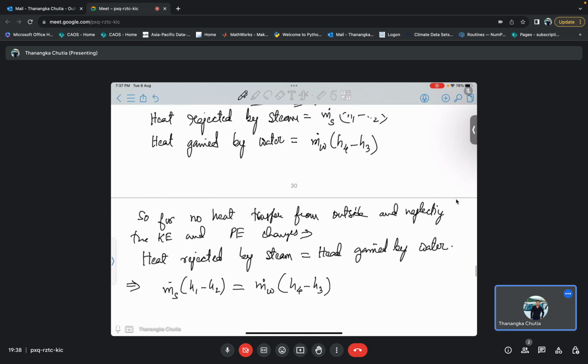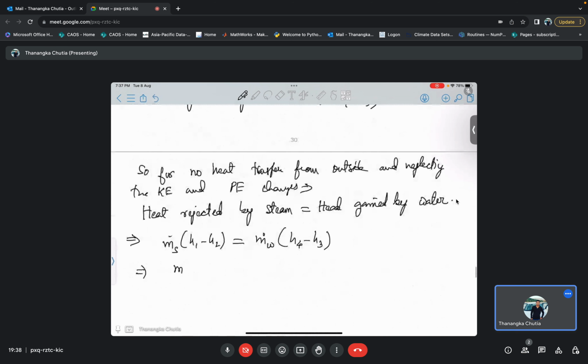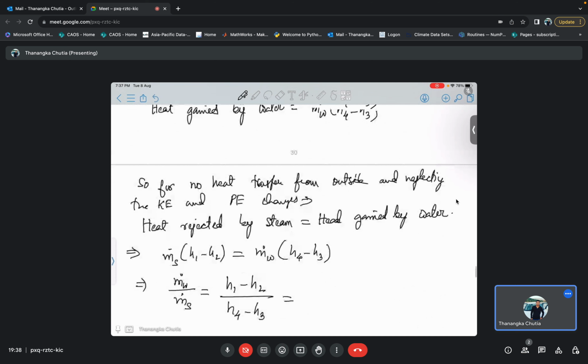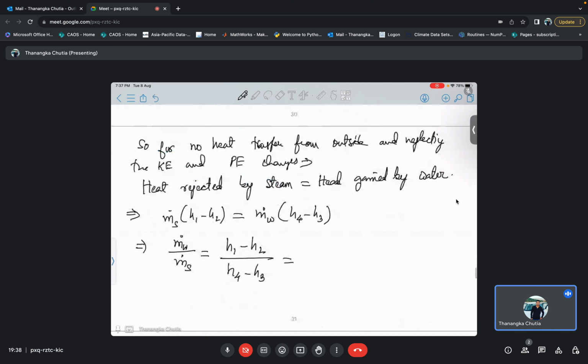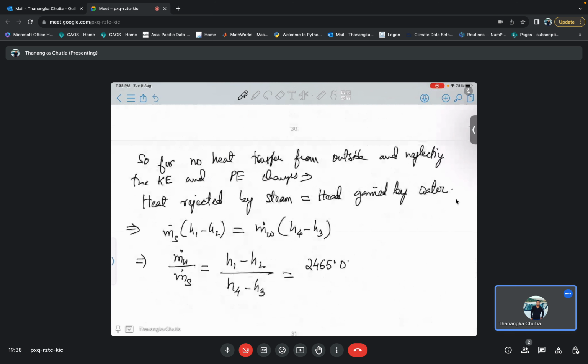Okay, so now we have to find the ratio of water to that of steam. So m dot w by m dot s is equal to h1 minus h2 by h4 minus h3. Okay, so what is h1? 2465.0565. What is h2? 188.45.